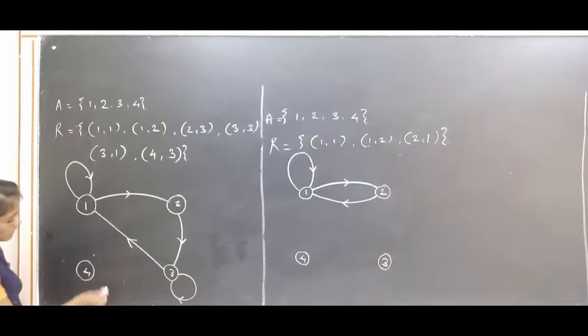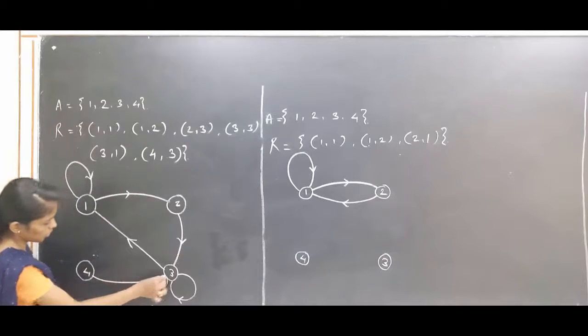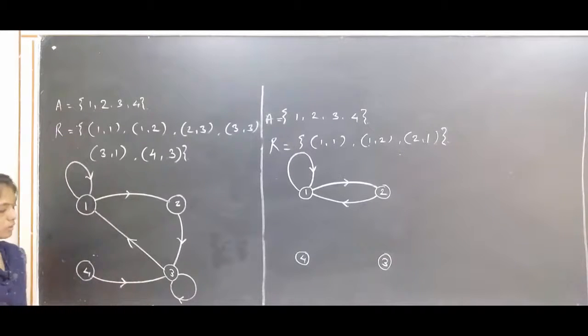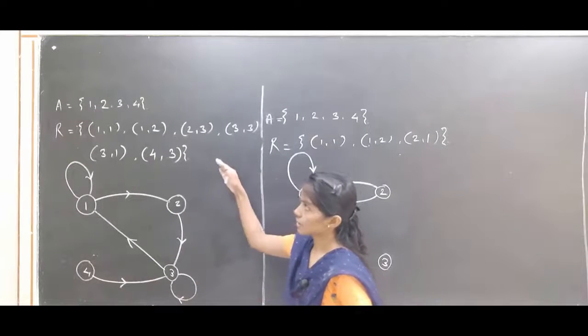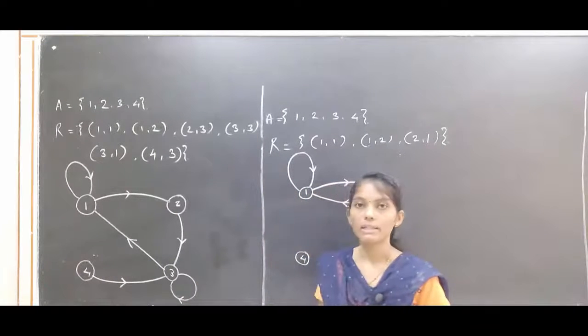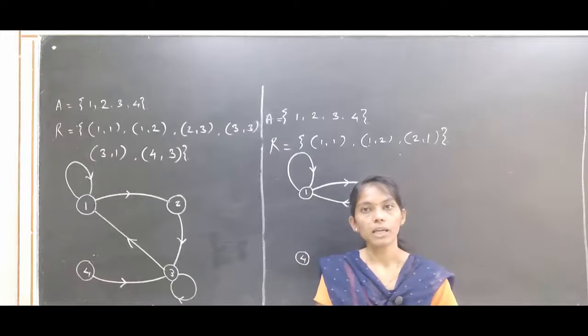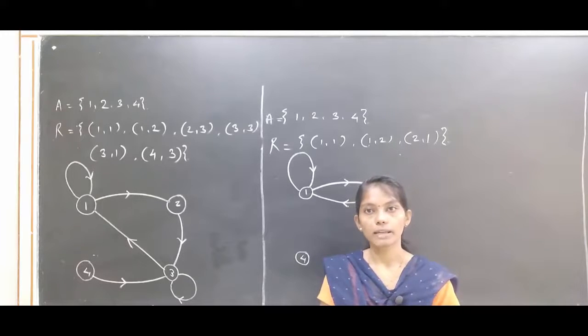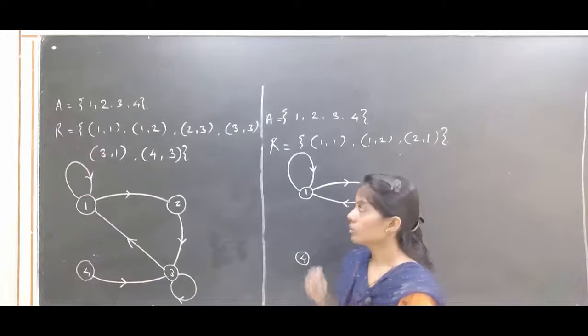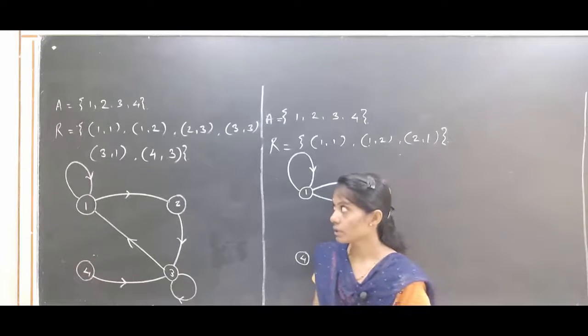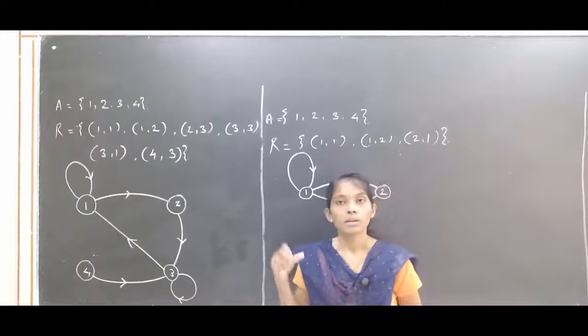Then 4 is related to 3, so 4 to 3. So this is the digraph of relation R defined on set A. Okay, all of you get how to draw the digraph of relation R? Now we see the next example.